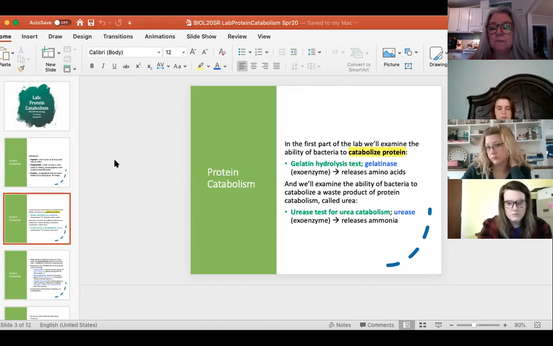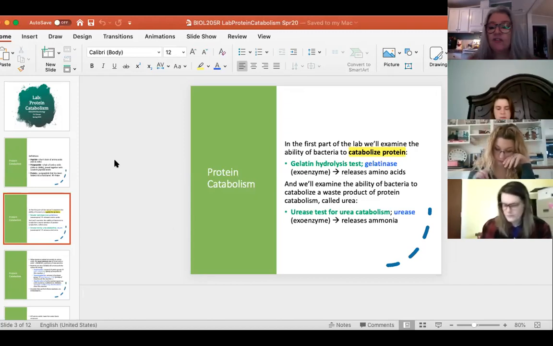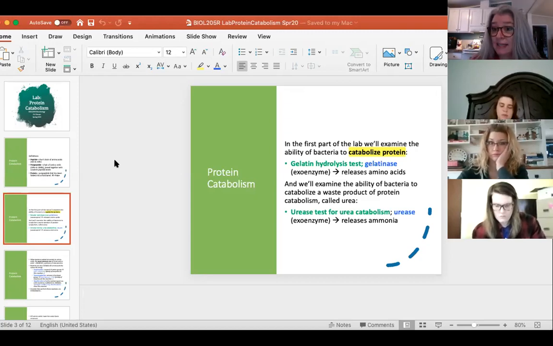Good question. So if you look at part 1 in the lab manual, starting on page 125, the first exercise in protein catabolism is about the ways that microbes catabolize protein.